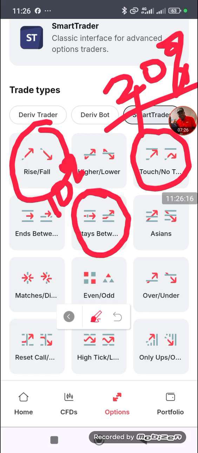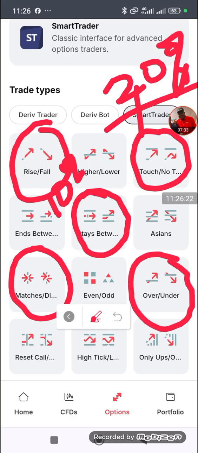Then we now have this match differ. There are times I used to trade this one as well, but it's more, how will I say it now? It's more like something not straightforward. It's something very complicated.